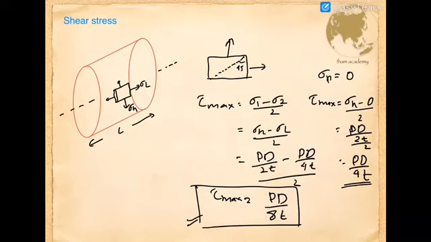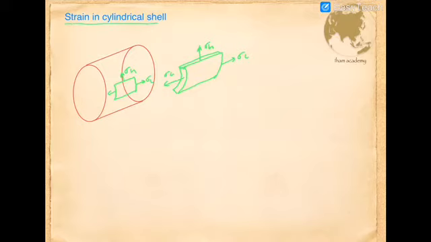So now we can discuss the strain in a cylindrical shell. So as I drew before, if there is a small rectangle or a cubical element, we can pick. This will be the loading condition. Sigma L, the longitudinal stress, will be in this direction, and hoop stress will be in this direction. And there is one more stress, sigma R, that's a radial stress.